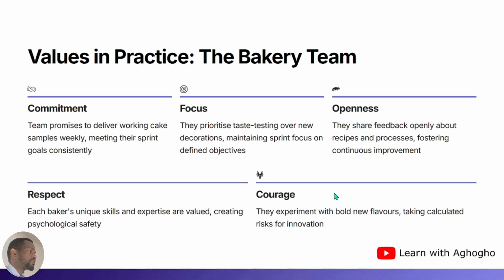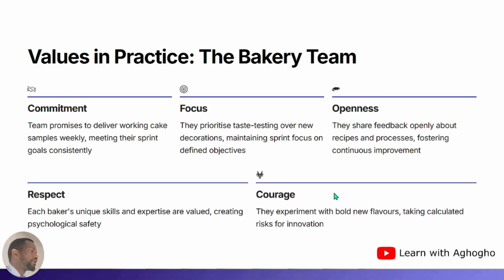Values in practice: the bakery team. We are going to be adopting the five values into a bakery team simulation project, referring to the bakery simulation project in our previous training. Commitment: the team promises to deliver working cake samples weekly, meeting their sprint goals consistently.